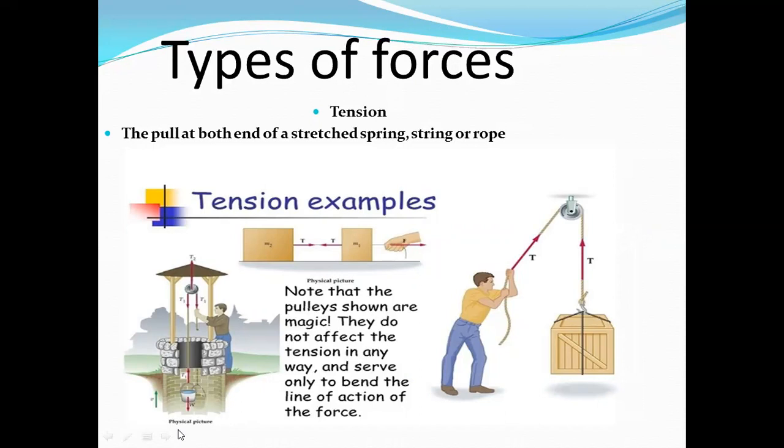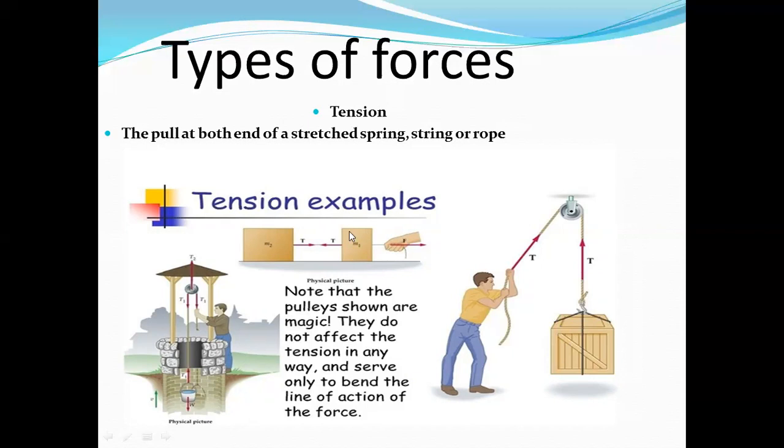The pull at both ends of a stretched spring or a string or a rope is said to be tension. For example, over here, the person is pulling this box in the upward direction. The weight of this box is acting in the downward direction. The tension will act along the rope in the upward direction.